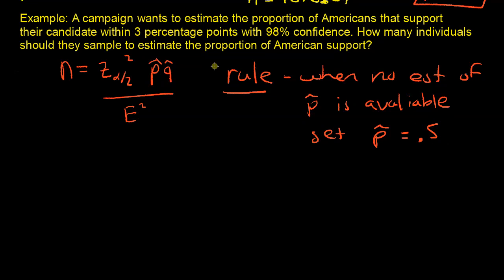The reason why we do this is because this will provide a sample size n that will be the largest possible sample size given a particular confidence interval and a particular margin of error.